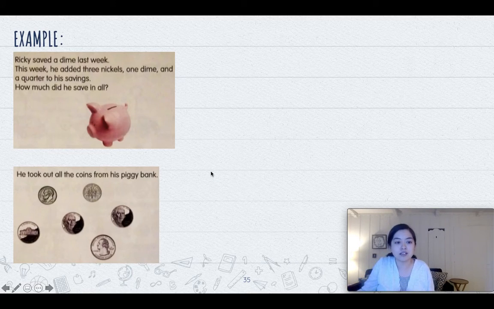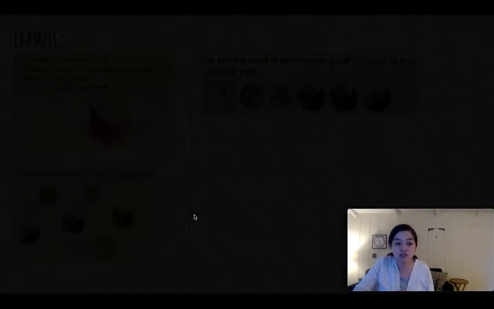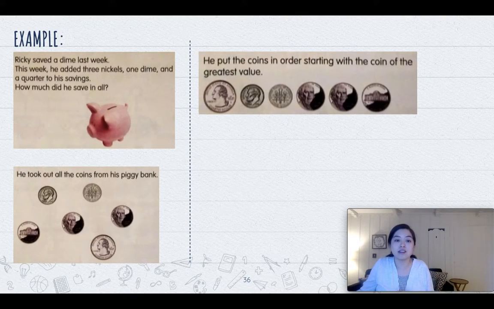Well, Ricky took out all his coins from his piggy bank, and here they are. Let's see. The smallest coins are dimes, and he has 2 of them. The largest coin is a quarter, and he has 1 quarter. And then he has 1, 2, 3 nickels here. Now he put the coins in order, starting with the coin of the greatest value, which is the quarter, right?